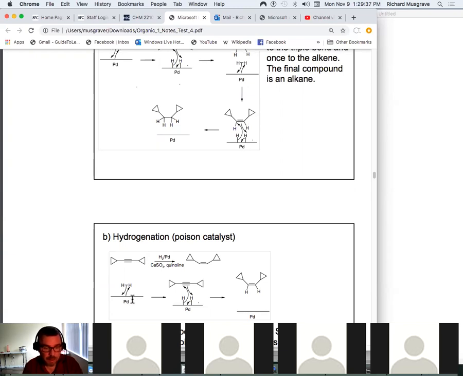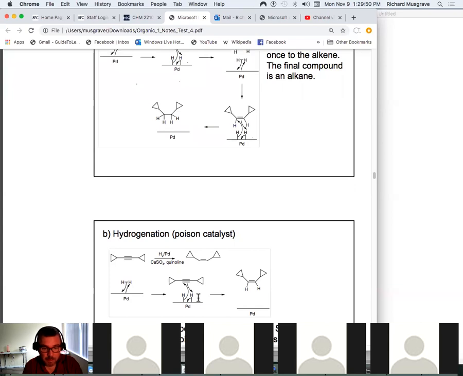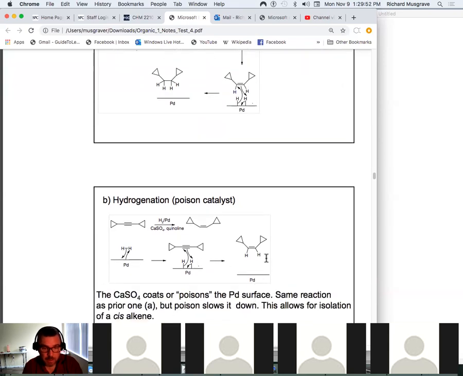It poisons the palladium, poisons the catalyst, and it slows down this process where the hydrogens are added to the palladium. It still happens, but it happens a lot more slowly. And we're actually able to isolate this alkene, and it won't go any further than that.